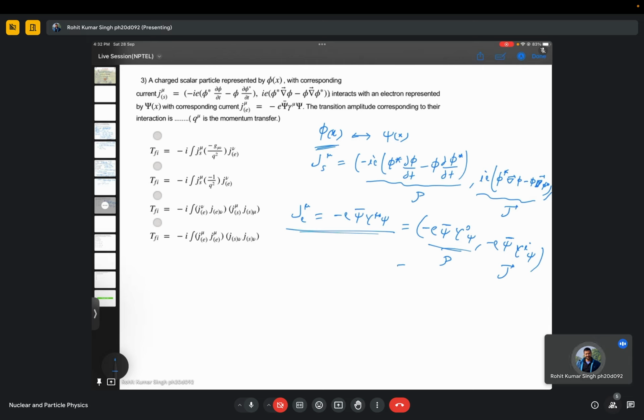And this one you can solve a little bit. So we know that psi bar is nothing but the Hermitian conjugate into gamma 0, right? This is the expression.